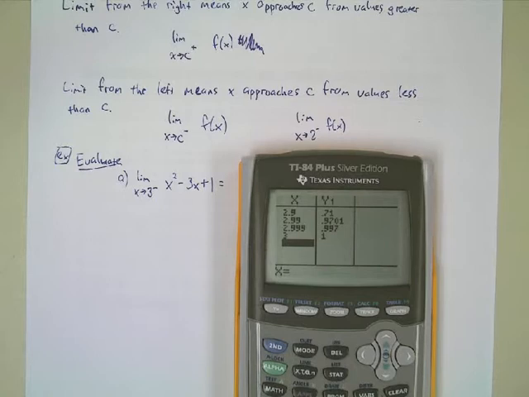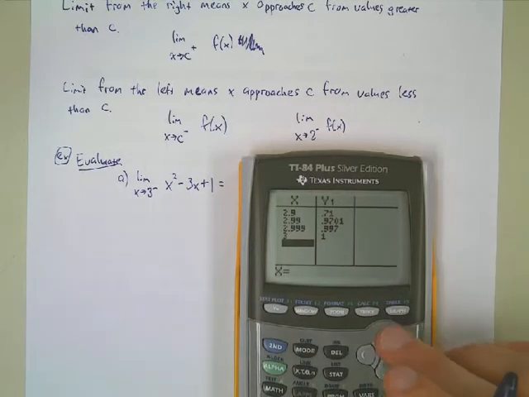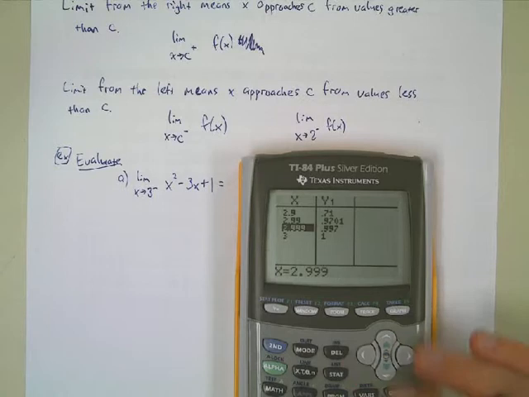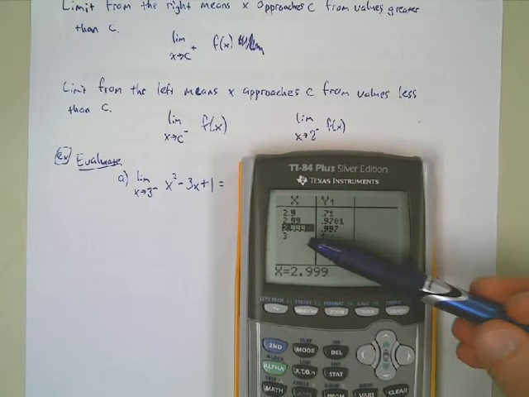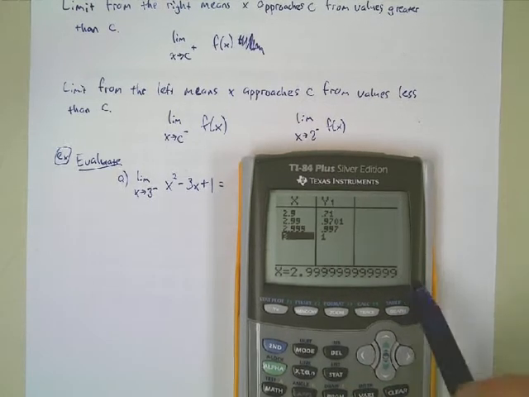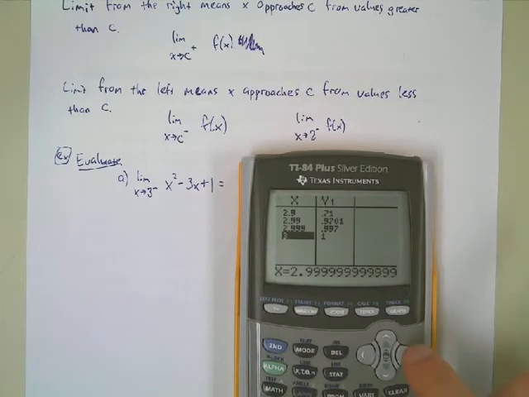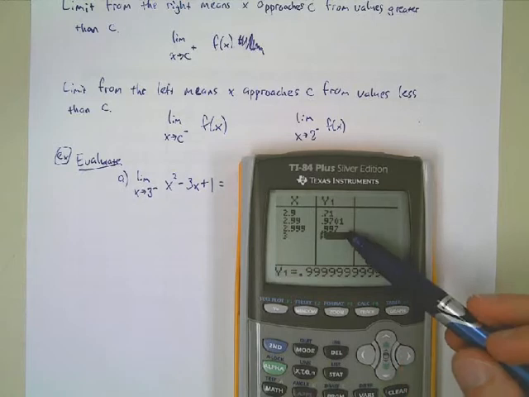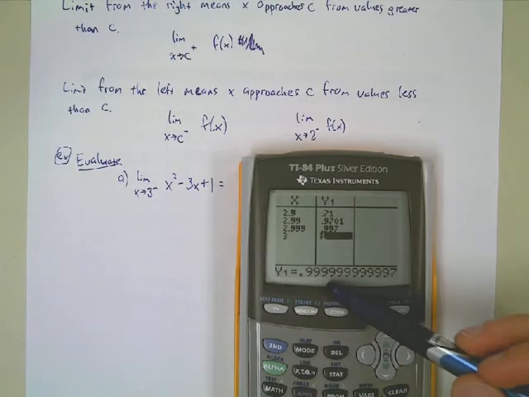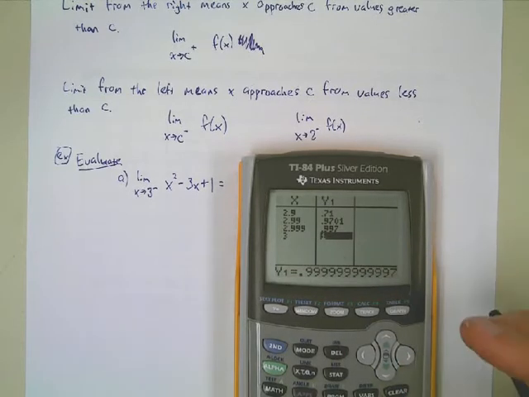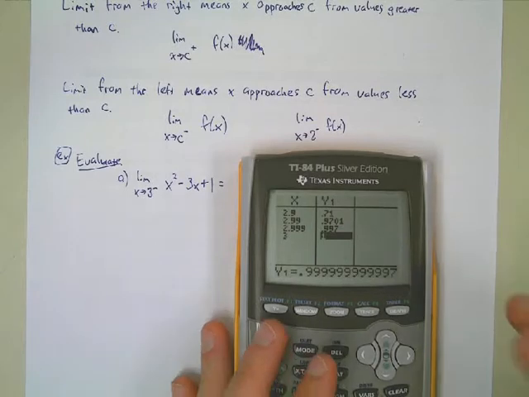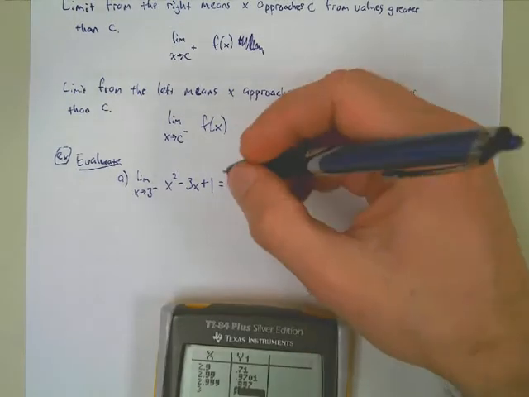It looks like we go to 1. In fact, my calculator, after I type in 2 point with a bunch of 9s, just gives up and says 1. But if you highlight the 1 with your arrow key, it is really 0.999999997. So it looks like the closer we get to 3 from the left, the closer we get to positive 1, so the answer here is 1.